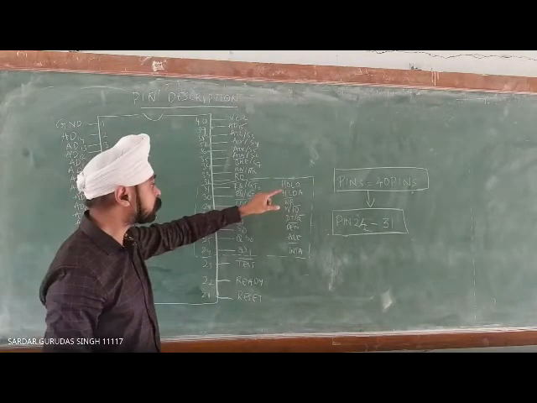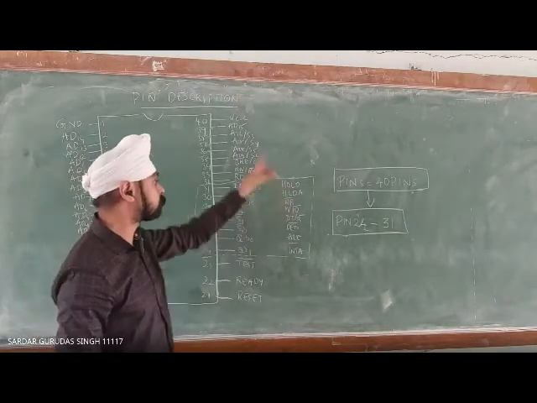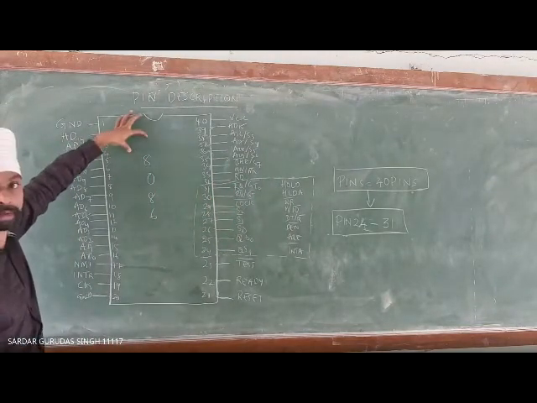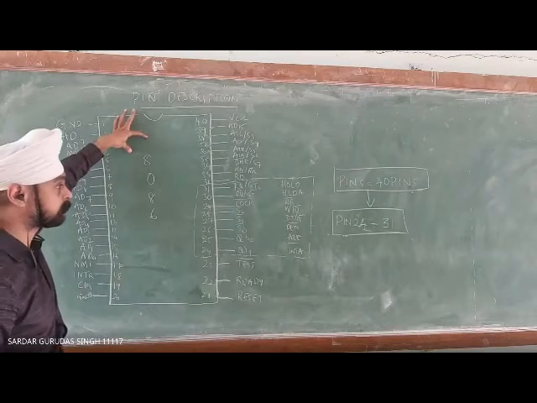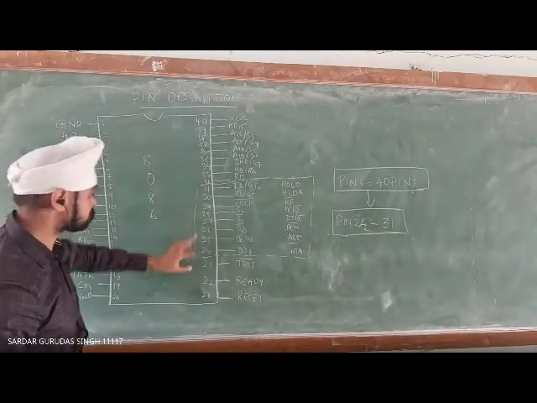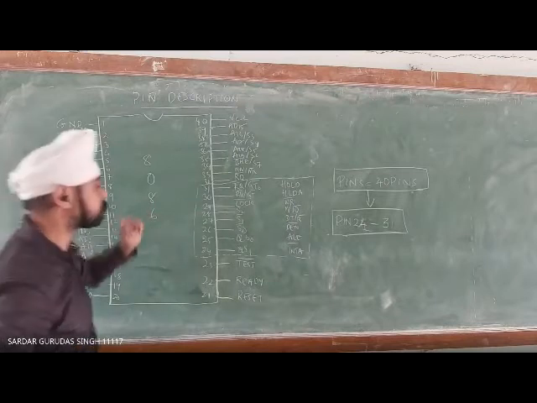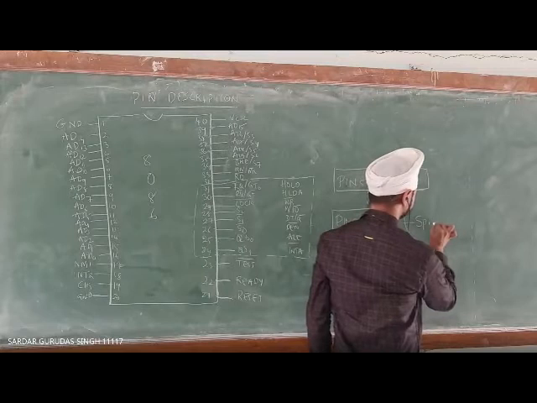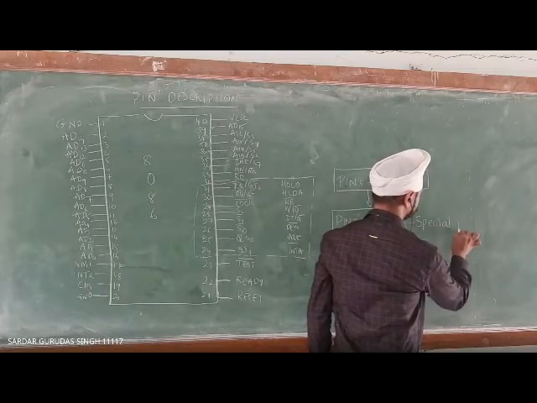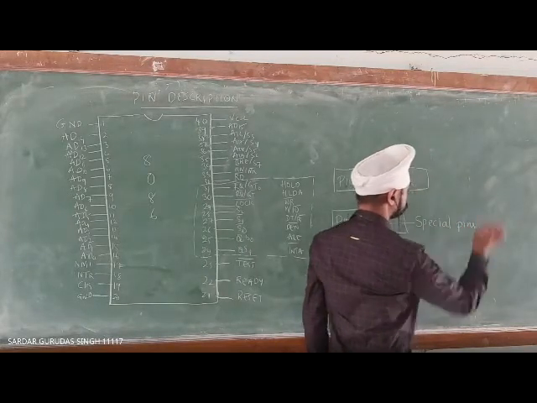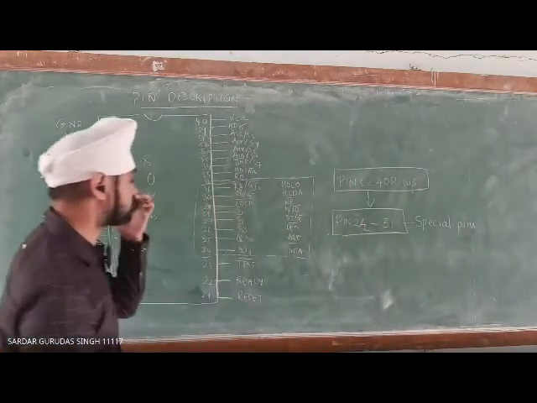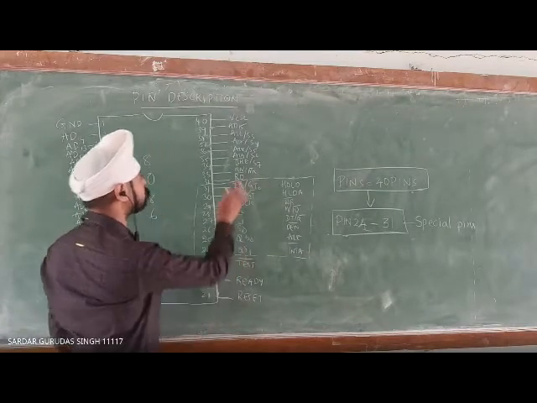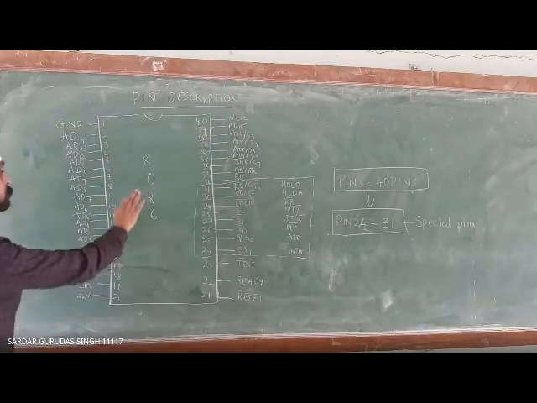Now it completely depends upon how you are configuring your 8086. So these pins from 24 to 31, we call them special pins. Special pins in the sense they will have special functions depending upon the 8086 configuration.